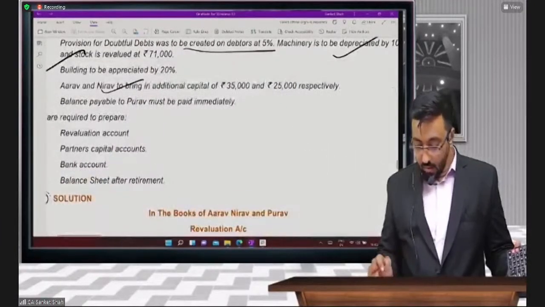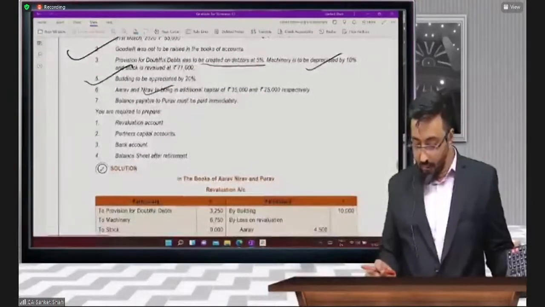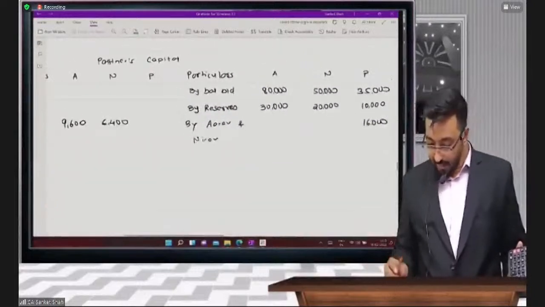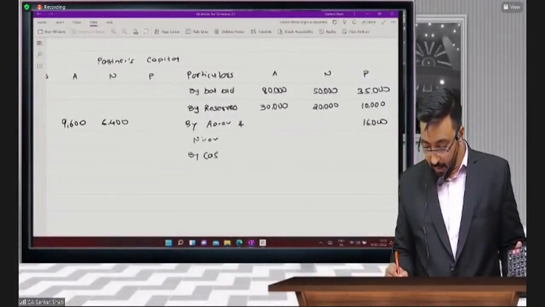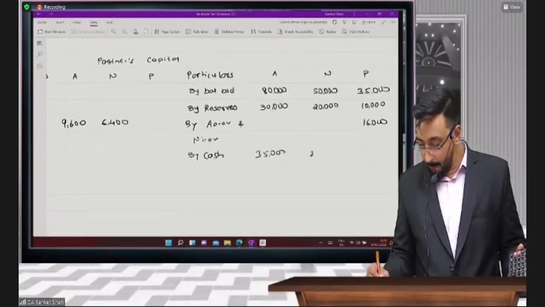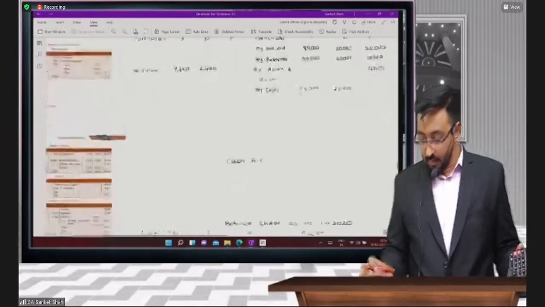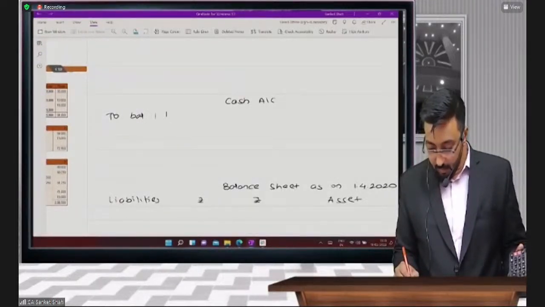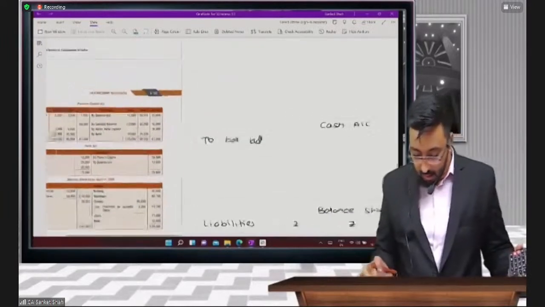Arav and Nirav to bring additional capital of 35,000 and 25,000 respectively. So by cash, actually there is no need. Arav and Nirav 35,000 and 25,000 and cash account. Sorry beta, I forgot to write to balance brought down. So to balance brought down in cash account.